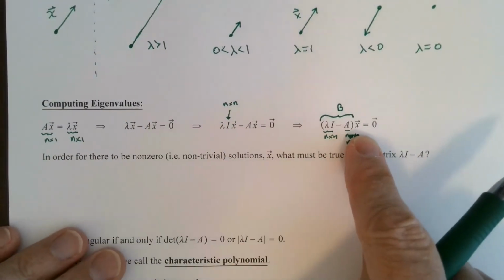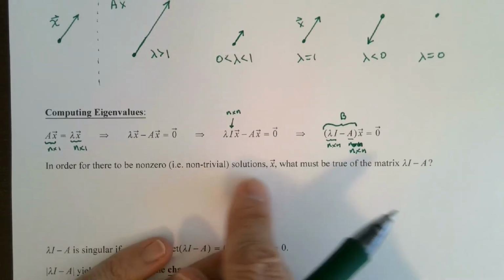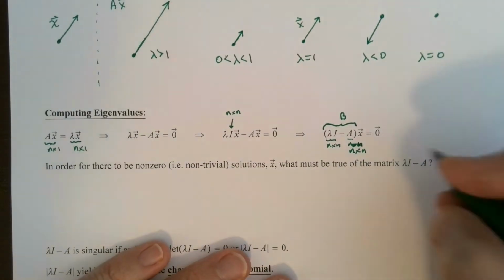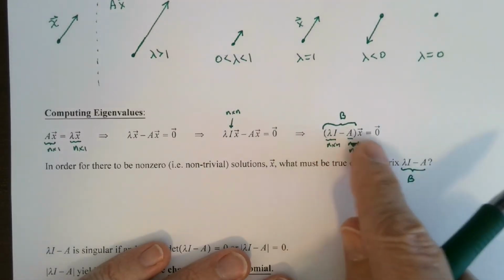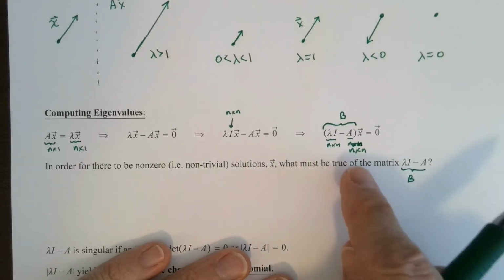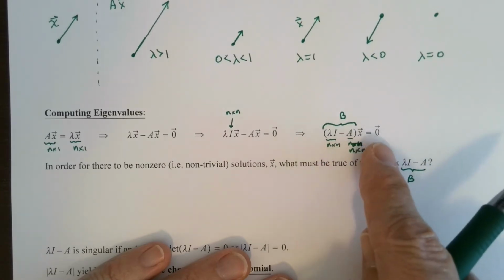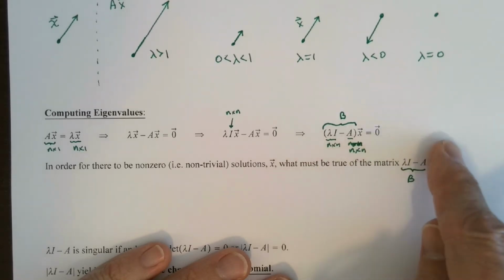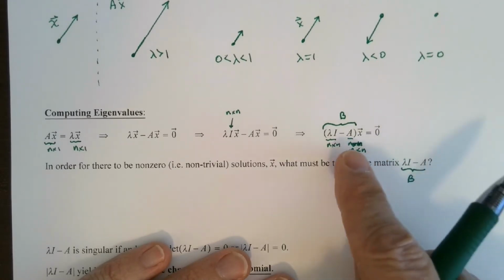The question is, in order for there to be non-zero, non-trivial solutions for x, what must be true of the matrix lambda I minus A? Remember, we're calling that B. So if I have Bx equals 0, what must be true of B? Well, B is n by n. Bx equals 0 has only the trivial solution if B is invertible.